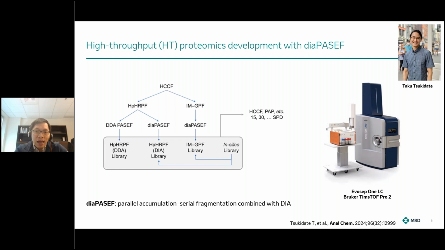I should say, the Evosep can not only be coupled with Bruker instruments, it can be connected with other mass specs as well. In fact, in the lab, we have been using Evosep LC coupled with the Thermo Exploris 480, and also recently we coupled with the Thermo Astral mass spec as well.